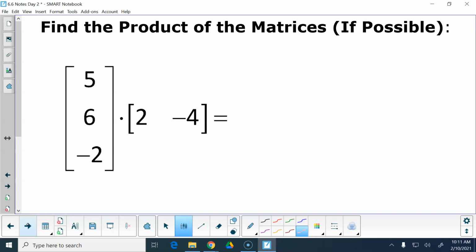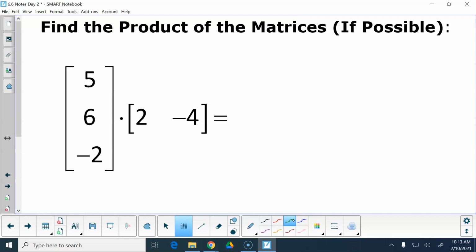Is it doable? Is the question. Can I multiply those two matrices together? Yay or nay? Have to check the dimensions. What are the dimensions of the first one? Let's go back to Monday.